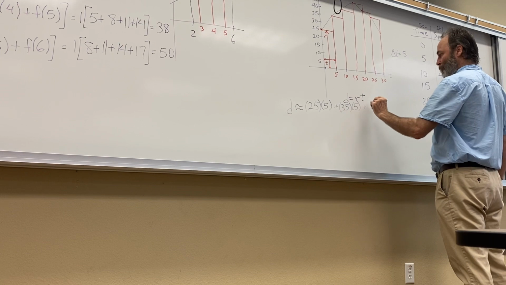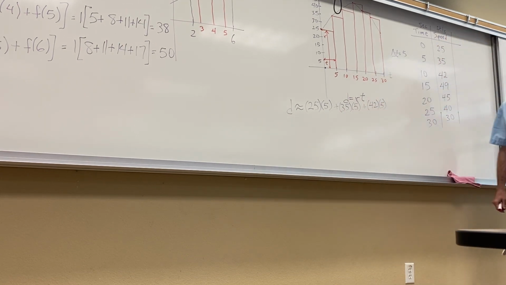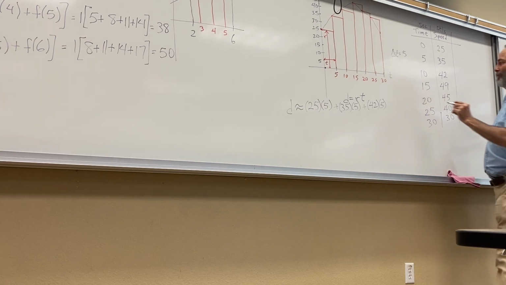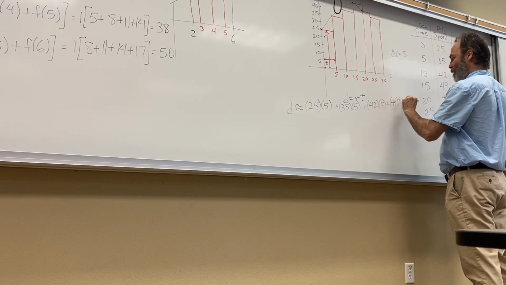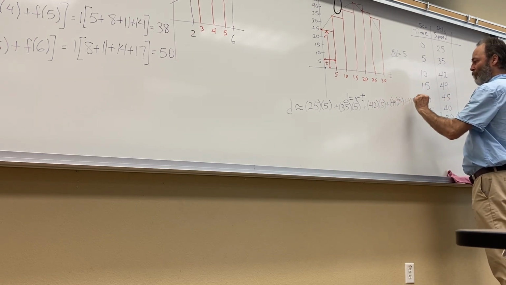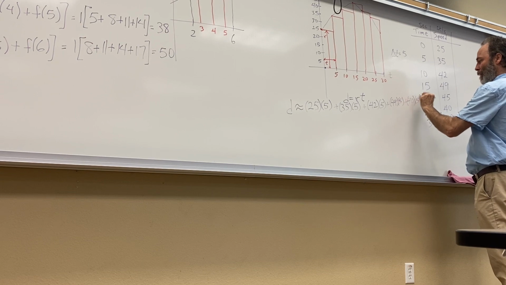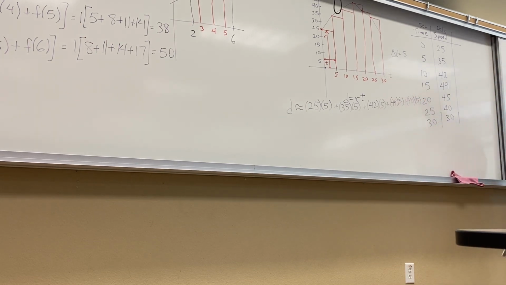Plus a height of 42 and a width of 5. A height of 49, a width of 5, a height of 40, and a width of 5. Oh, and that's where we stop.